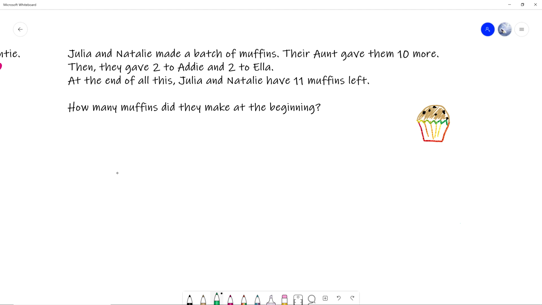Do you have some equation that would represent this problem? Sure. X plus 10 minus 2 minus 2 equals 11. Very good. Can you tell me what is what in this equation? What's x?